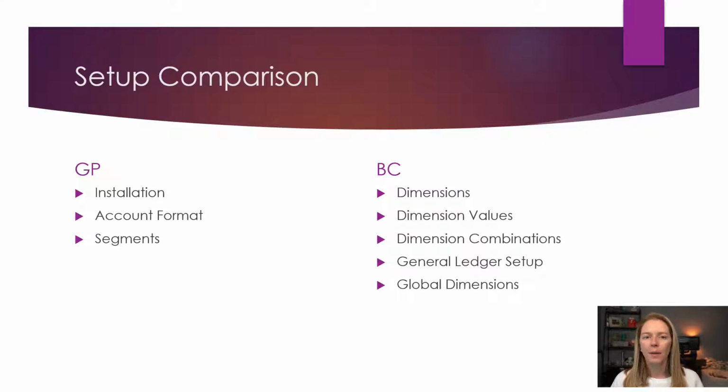So most of the time people would do something like 000 main account 00 for a balance sheet account. You pre-filled the segments with 0, and then for every single account or every single department, you had to have a different account.